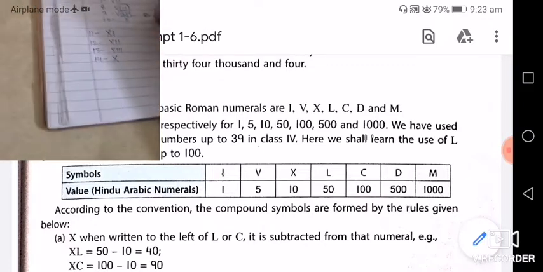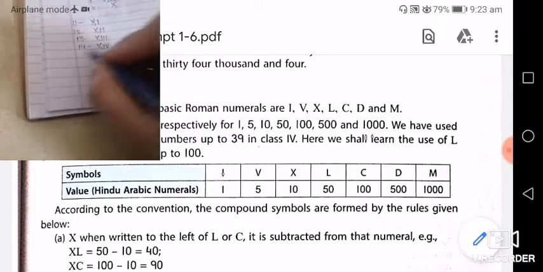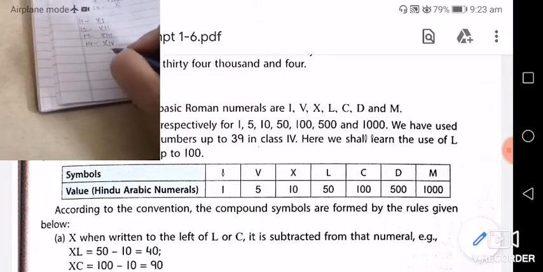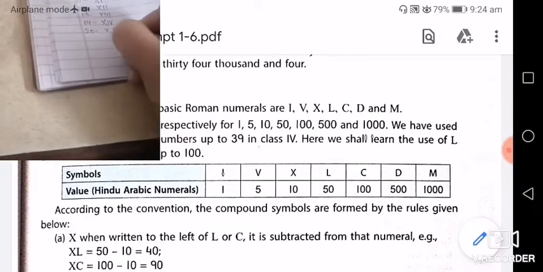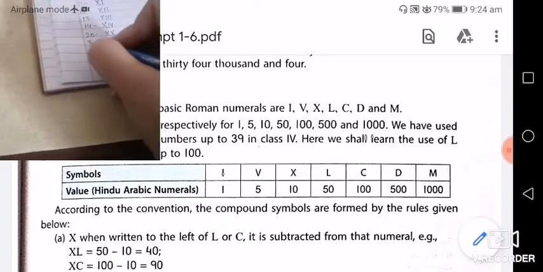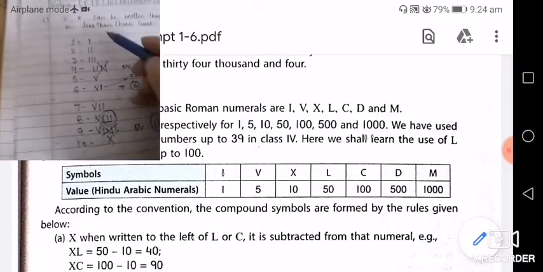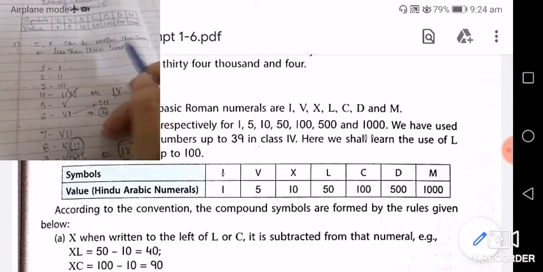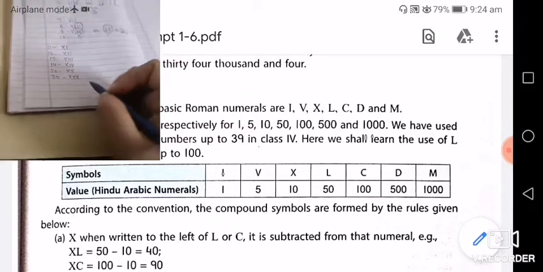Now 4, the symbol of 4 is this. You will use this symbol. That will become 14. Then 15, 16. For 20 you will use XX. For 30 you will use XXX. As I told you above only, I and X can be written 3 times or less than 3 times, but not more than 3 times.